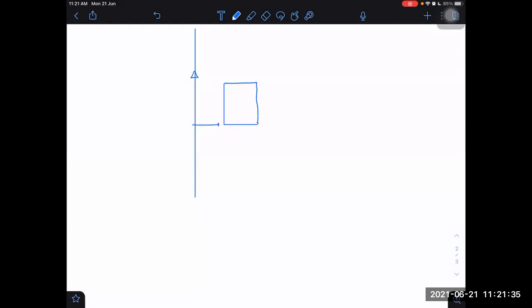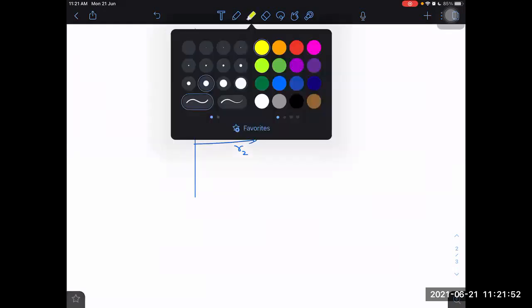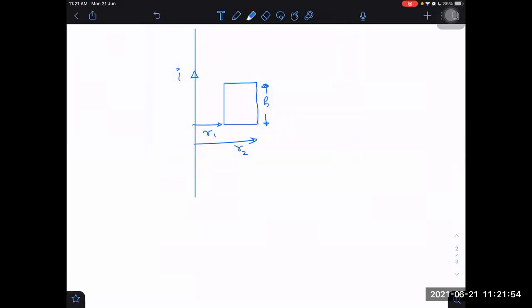I am giving you the closest distance is R1. The farthest distance is R2. And height of this is H. How to find the flux first of all? Taking a small rectangular element. Exactly right.